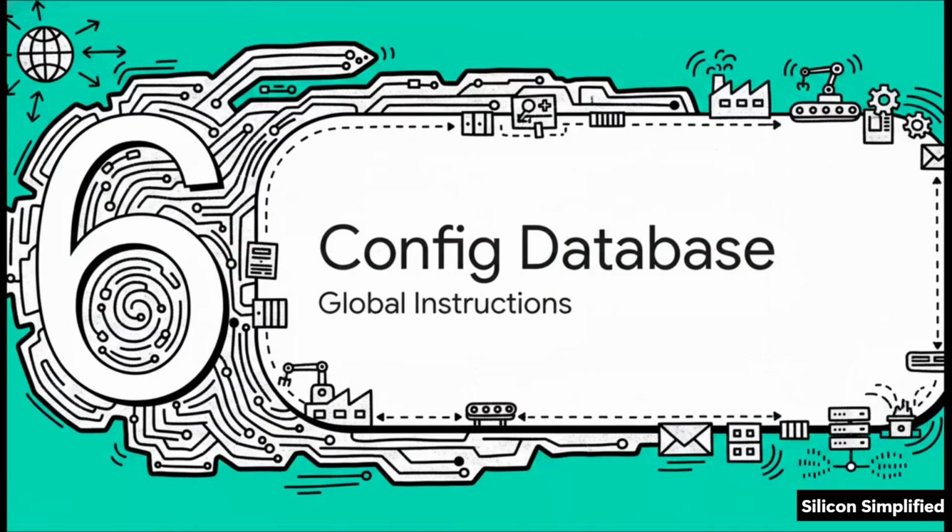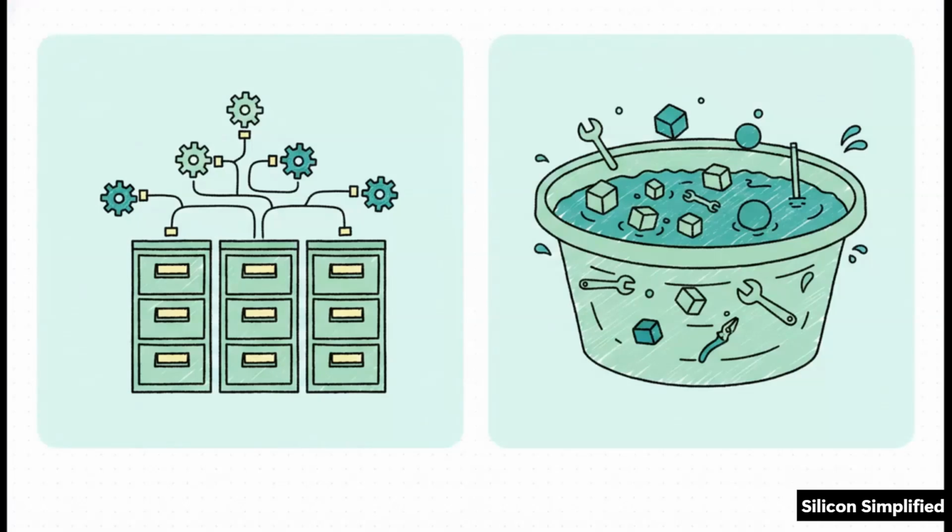Finally, we need a way to send global instructions and settings across our entire factory floor. That brings us to our last section, Section 6, the UVM Configuration Database. So data can be shared across the test bench using two main mechanisms. First, there's the uvm_resource_db. This is a global parameterized container for storing arbitrary data.